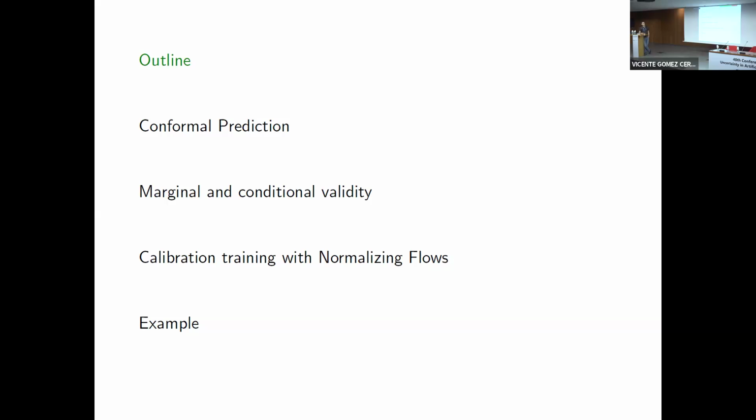My contribution is actually the third chapter here, about what I call calibration training. This is the new bit. And the last slides are a toy example that I implemented just for this talk. There is a Python notebook. If you're interested, I will be happy to share.